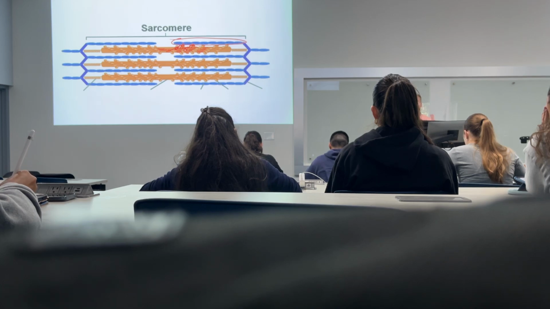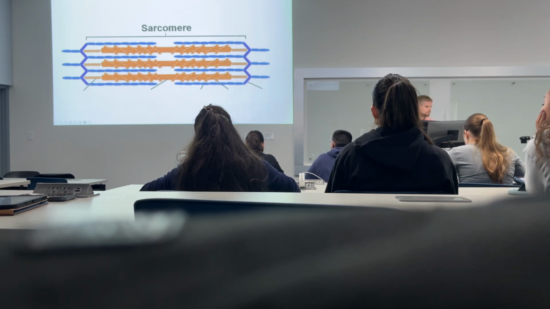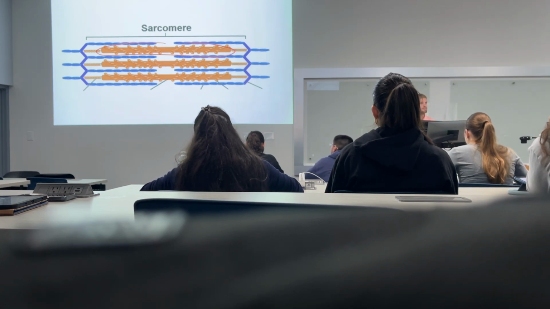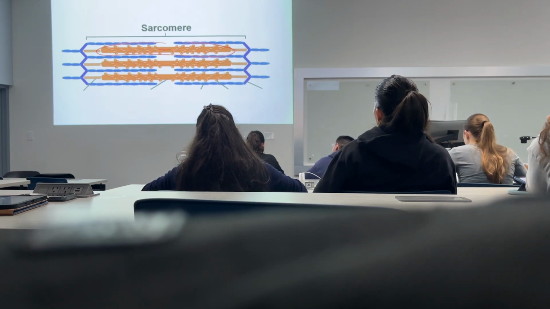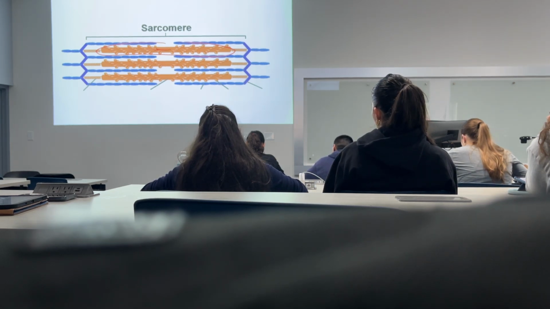So now we can collectively define the myosin filament. The myosin filament is made up of thousands of myosin proteins. Each myosin protein has a tail and two heads.